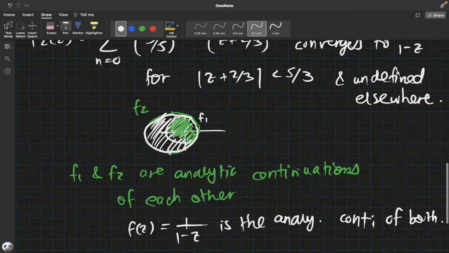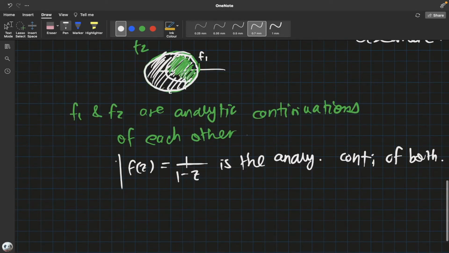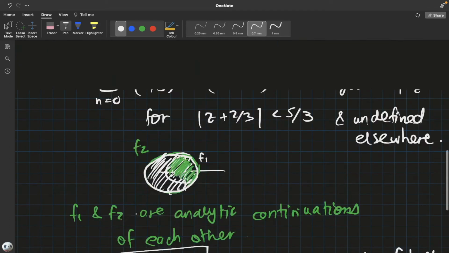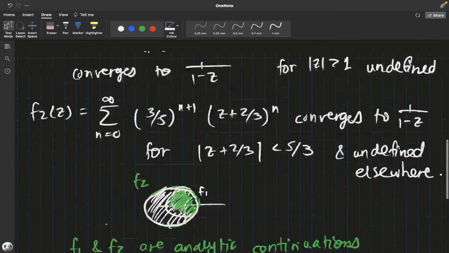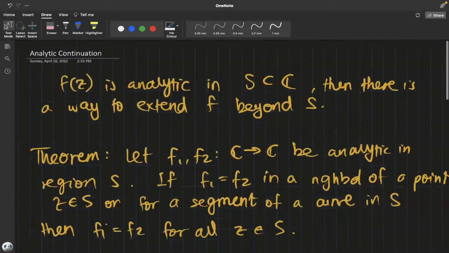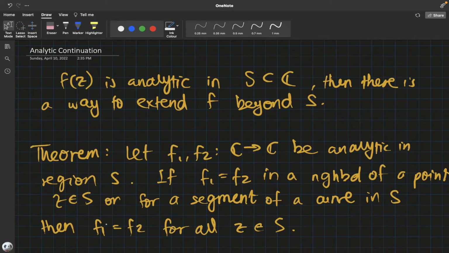As long as they're in this big white region of convergence, that is the analytic continuation of f1, both of these will have this value. The series will converge to this. So this is a really nice example of analytic continuation. I hope you understand that. This is really important because we're going to apply it to the gamma function right now. So let's get on with it.